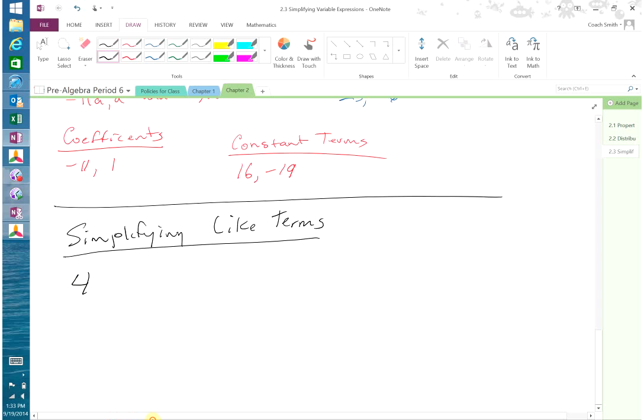Now, if I have this problem right here, 4x plus 2x. Just like the other day when we had 3x plus 4, and I said you can't put the 4 and the 3 together, because these are not like terms.